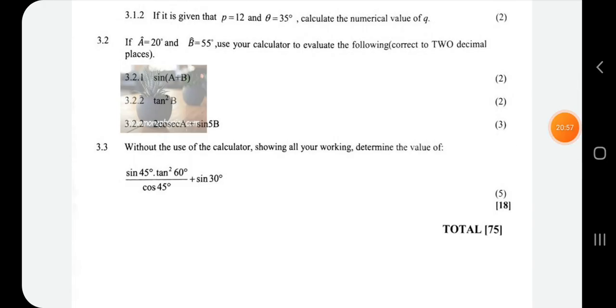Okay, let's look at 3.3. Without the use of the calculator, showing all your workings, determine the value of sine 45 degrees multiplied by tan squared 60 degrees plus sine 30 degrees, all over cos 45 degrees. Write it down because I will not be coming back here. So they will say without the use of a calculator.